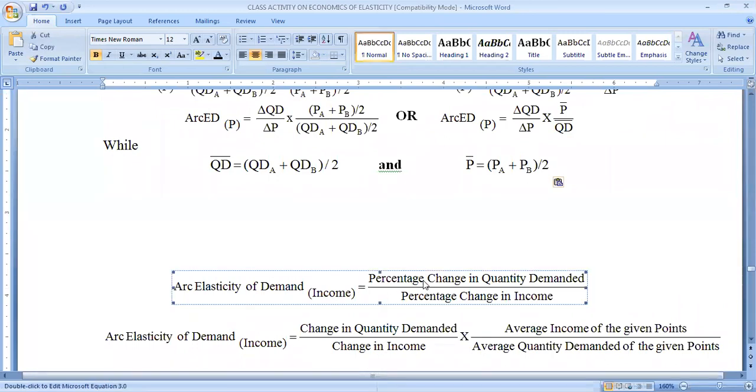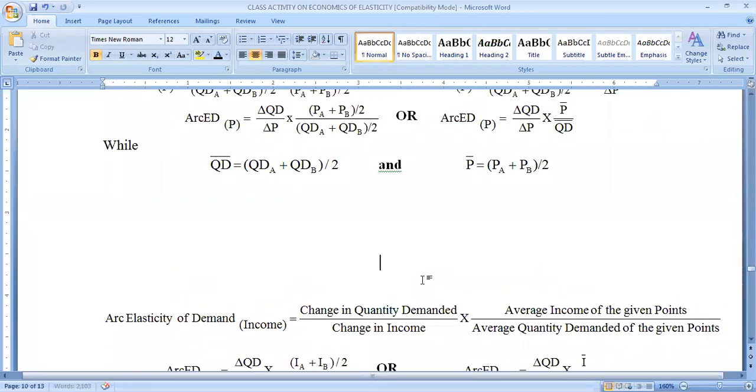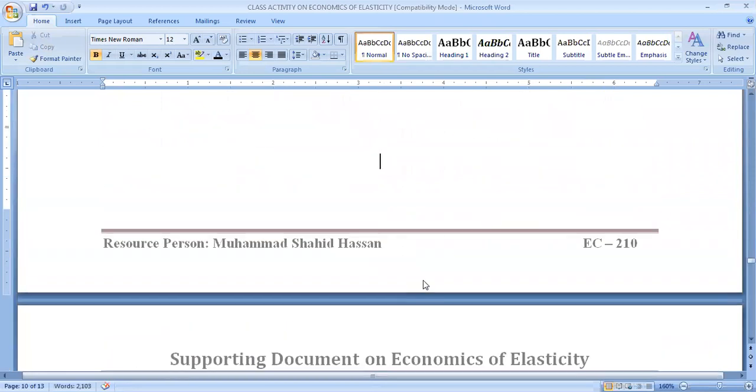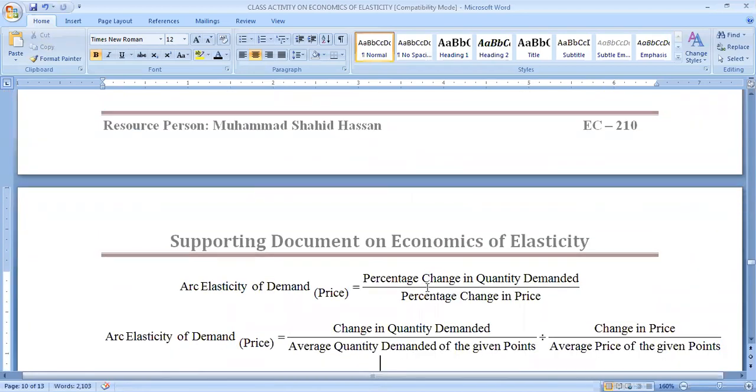This is the same formula that we require here. The arc elasticity of demand with respect to income equals percentage change in quantity demanded divided by percentage change in income, right?